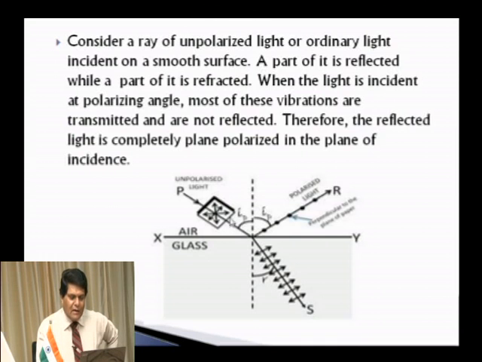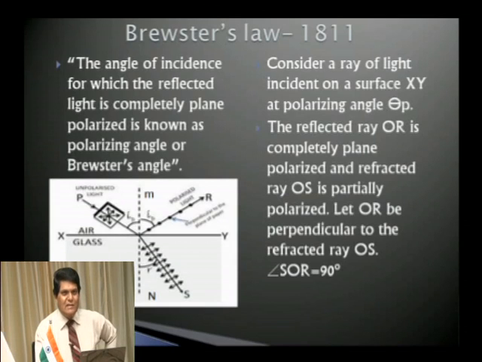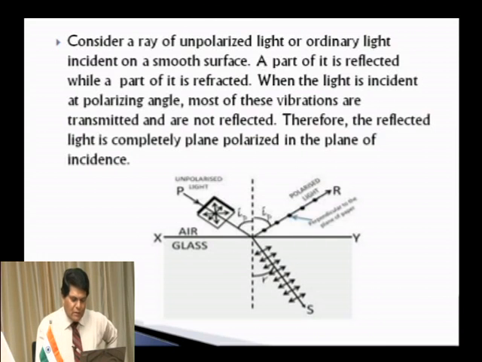Before striking, the intensity of the light is more. As it undergoes refraction, some of the intensity, that means some of the planes of vibration, is lost. The refracted light consists of two planes, one vertical and one horizontal. Anyway, this is nothing but unpolarized light. It is not purely polarized light, whereas the reflected light is polarized light.